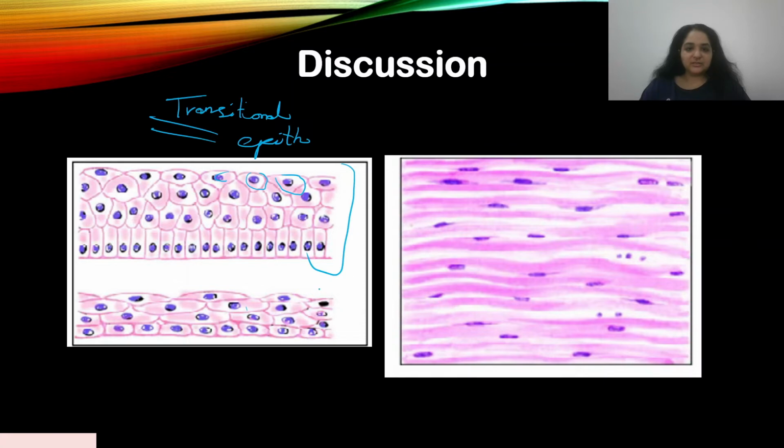Now this is what the cells look like when they are stretched, like in the urinary bladder, where you need stretching. See how the topmost cells have become flattened. The top diagram is the normal transitional epithelium. This is what it looks like when it is stretched. Okay, so it becomes flat.